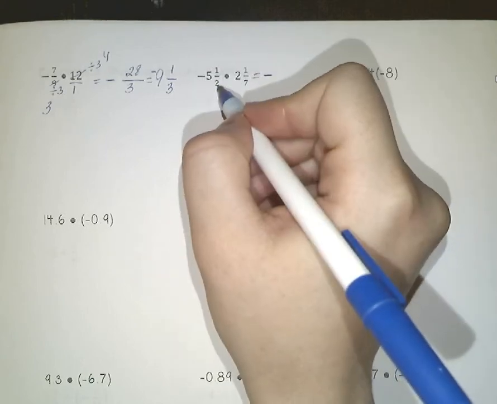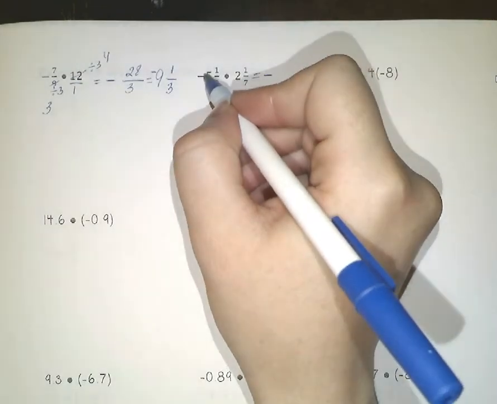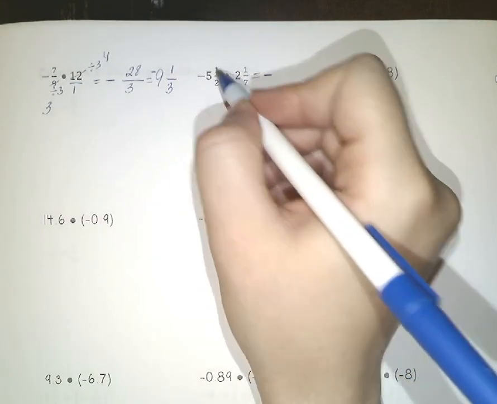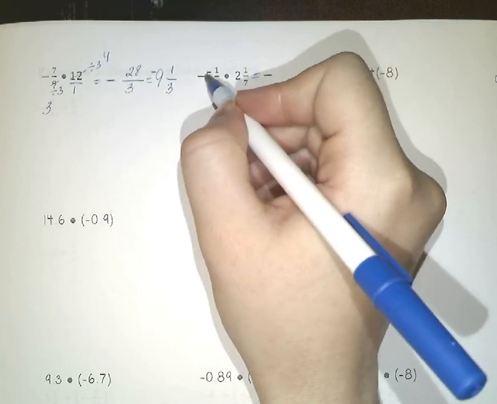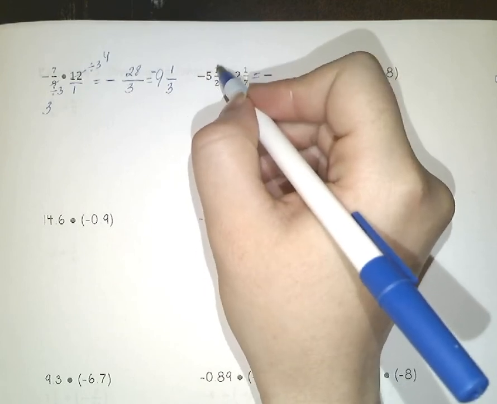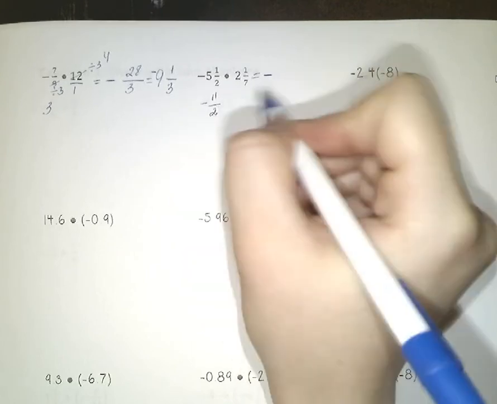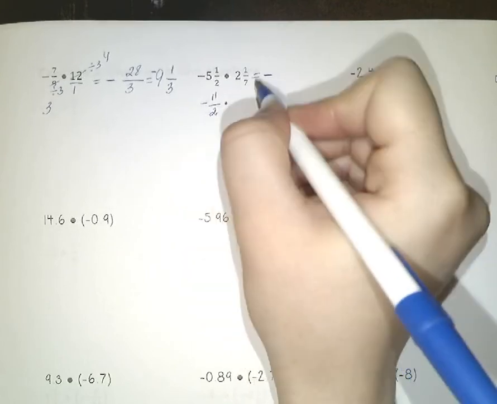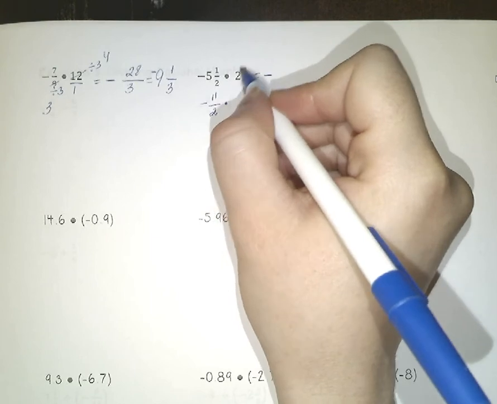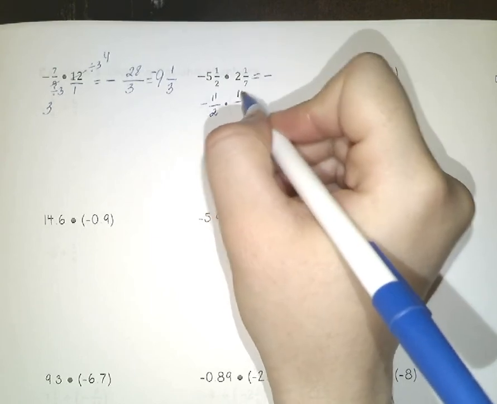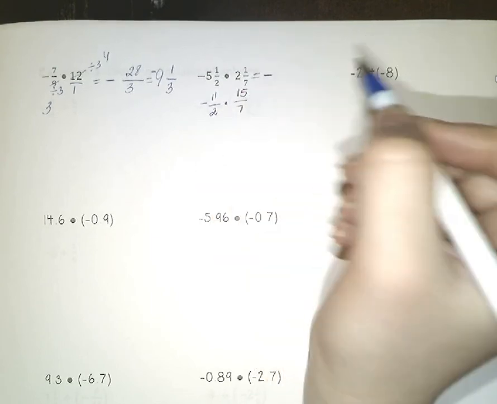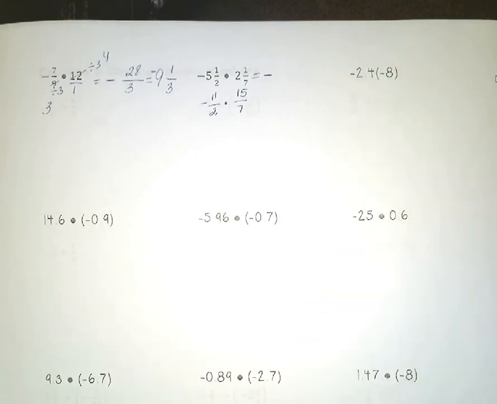And I will do it by multiplying denominator by the whole number and adding the numerator. So 2 times 5 is 10. 10 plus 1 is 11. So you will have negative 11 halves multiplied by 7 times 2 is 14 plus 1 is 15, 15 sevenths. And that's what you are going to multiply.